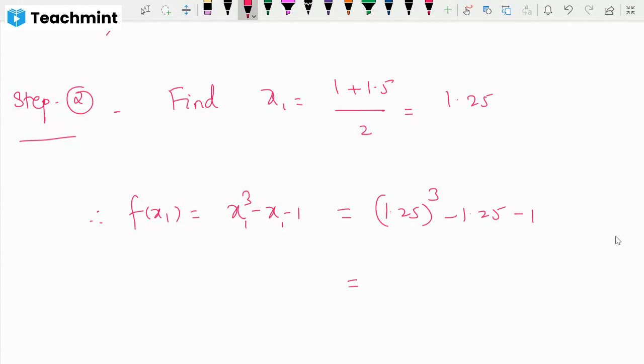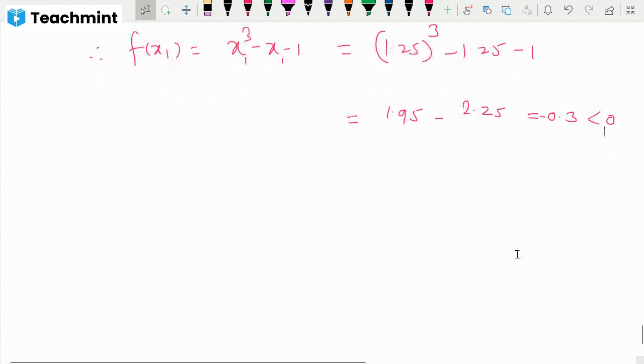And what is the cube of 1.25? It is about 1.95, minus 2.25, and that is equal to about minus 0.3, which is less than 0, that is negative. So f(x1) is negative here.